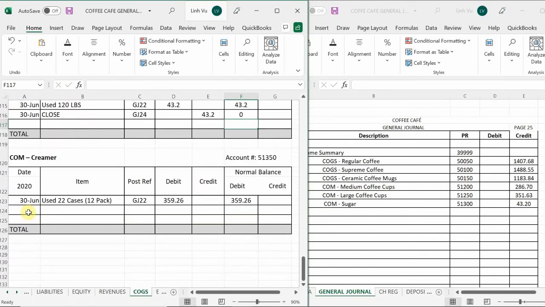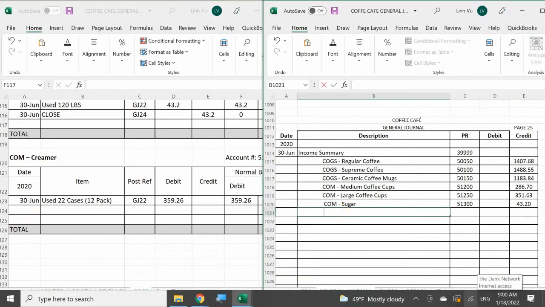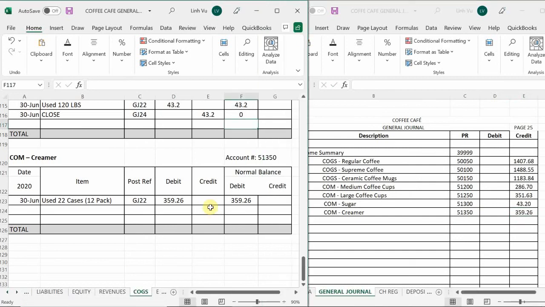Last but not least, I have cost of materials for creamer, for the total amount of $359.26.